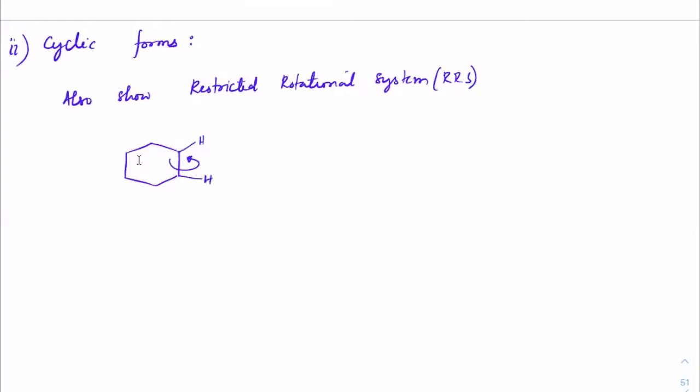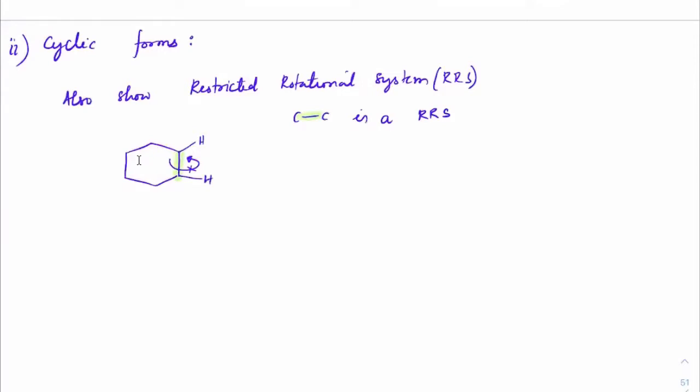The chair has to convert into boat or half chair, something like that. Or let us imagine this is a planar cyclohexane, and without changing that planarity, can we rotate this carbon-carbon single bond? We cannot rotate. So here the rotation is not possible. So the highlighted carbon-carbon bond is restricted, an RRS system.